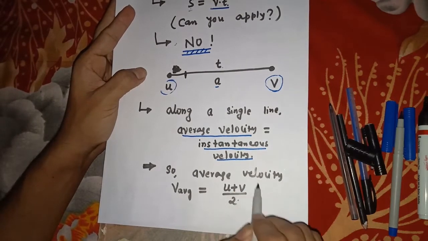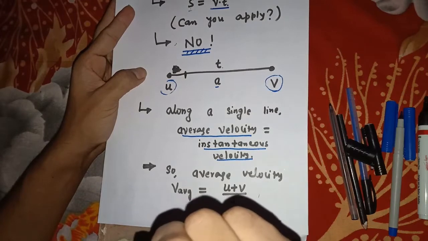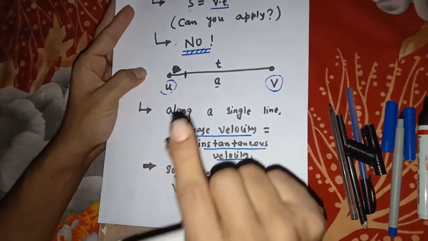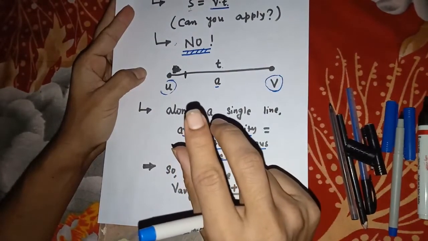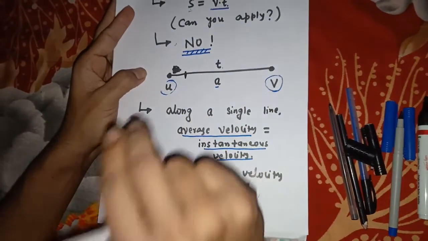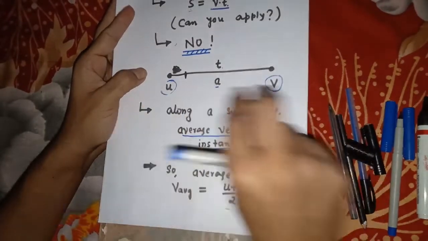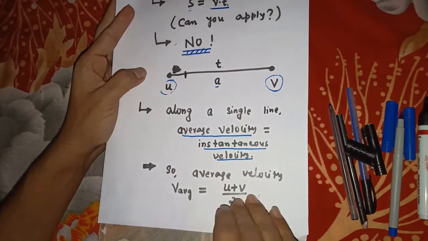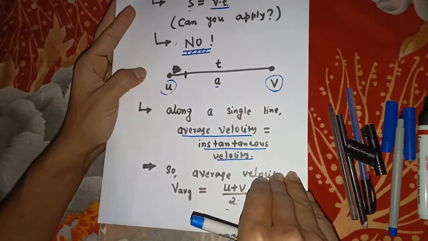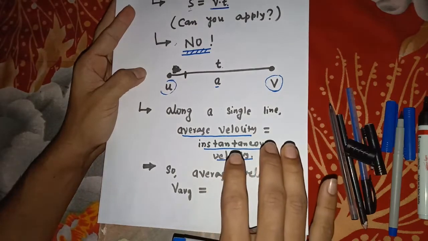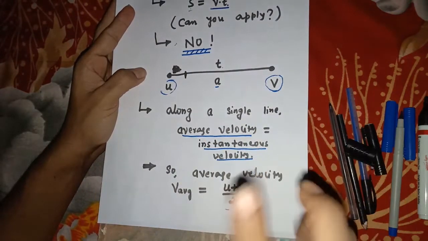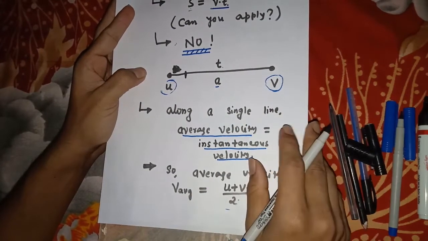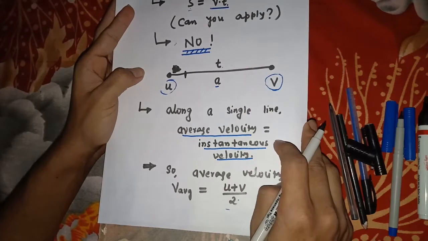This velocity represents the single velocity which the body possesses at every point of time in the whole journey. Have you got my point? It may be actual, may not be, but it represents that the body keeps this speed at every instant.